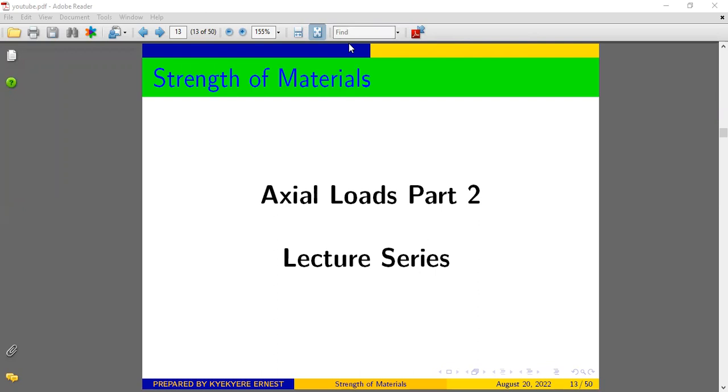And in this lecture series, we are looking at axially loaded strength members. We have already looked at part 1 of axial loads. Today we are looking at part 2 of axial load.